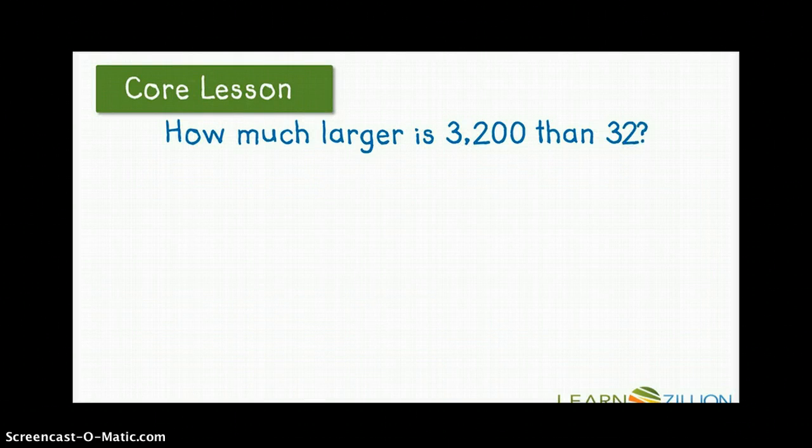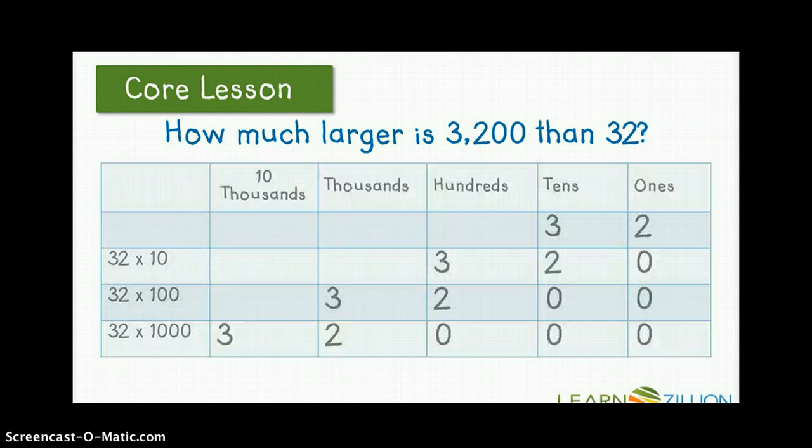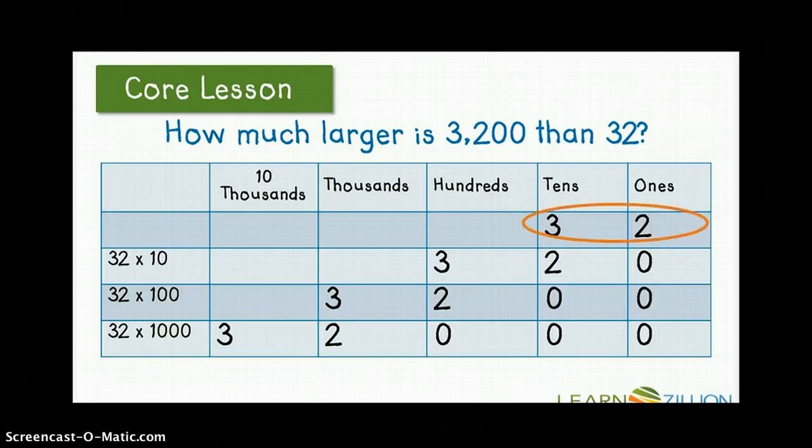Let's look at that same number, but this time let's see how much larger is 3,200 than 32. If we look at the 32 and 3,200, we notice that we've shifted over the 32 on the place value chart 2 times.